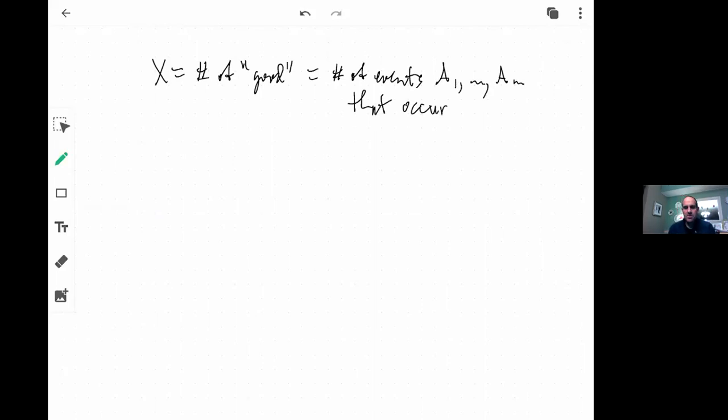It's the number of those things that occur, which is why x was equal to the indicator of A1 plus dot dot dot plus the indicator of AM.